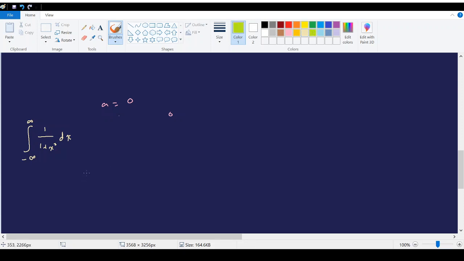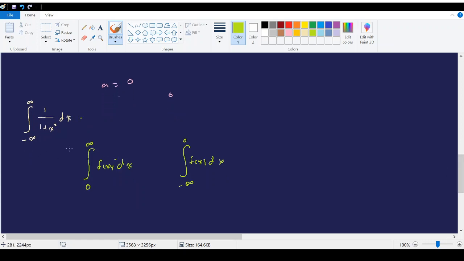We'll consider this one and we'll try to compute this one separately. And if both these integrals converge, then we can write down the equation, because that's the correct way of evaluating this integral. So we'll do it one by one.